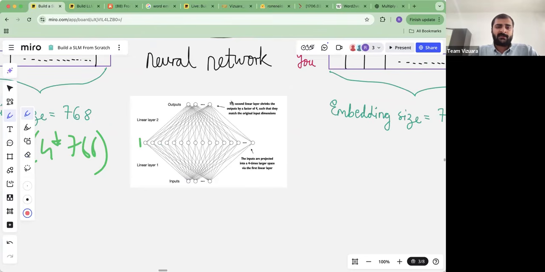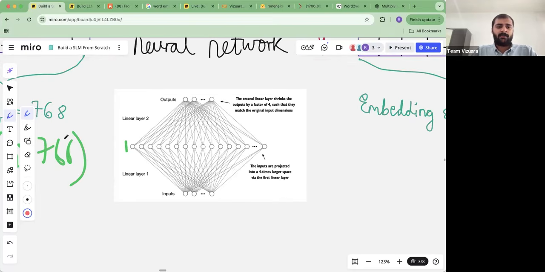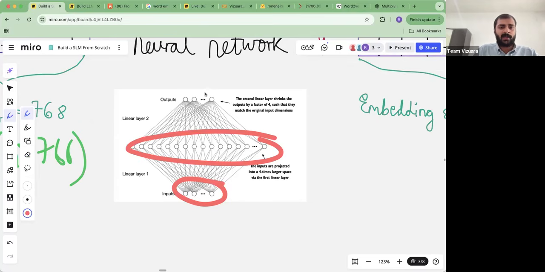So I'm going to assume that you have some basic level of familiarity with neural networks. If you are not, I would encourage you to revise the concept after this class is over. But for now, I'm going to assume that you all know what a simple neural network is. A neural network essentially has an input layer, a hidden layer, and an output layer.